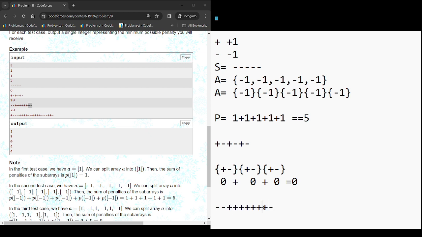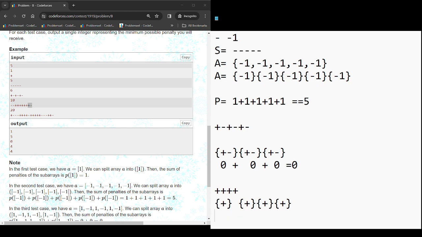First of all, this will be 0 here, this will be 0 here, and the penalty would be 4. Why? Because we'll make 4 arrays like this, and the minimum penalty would be 4.